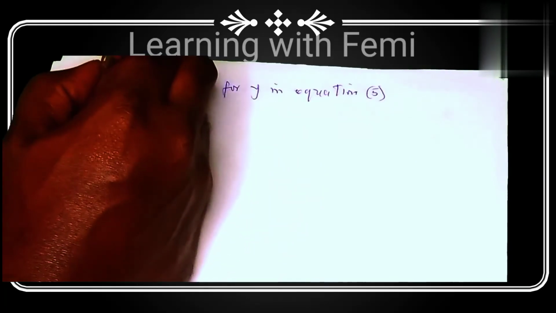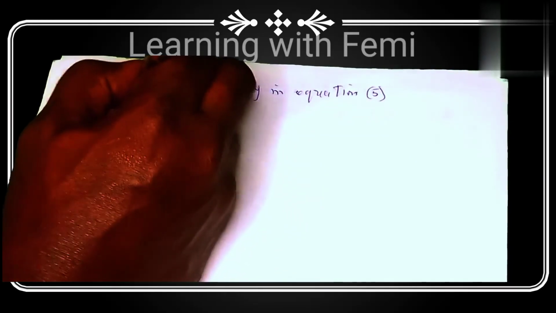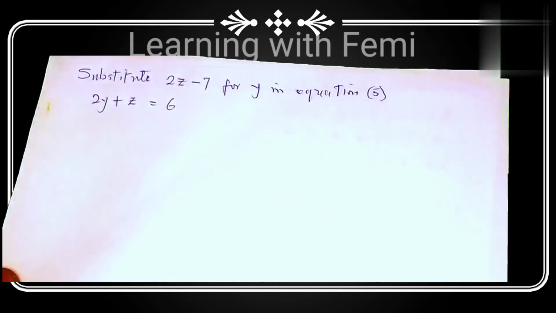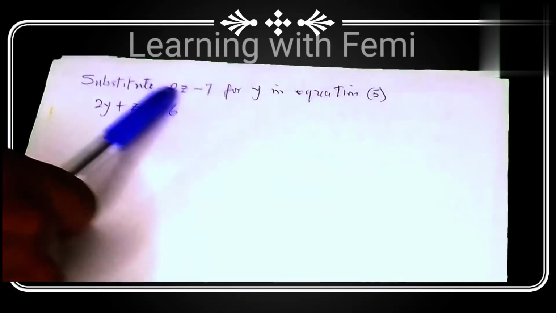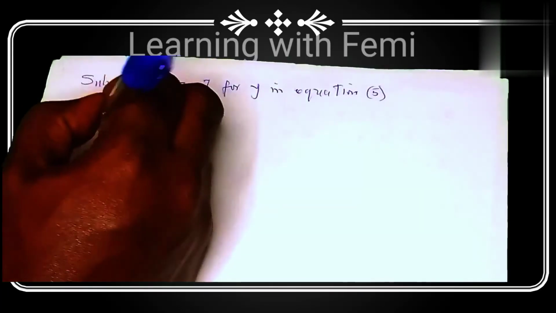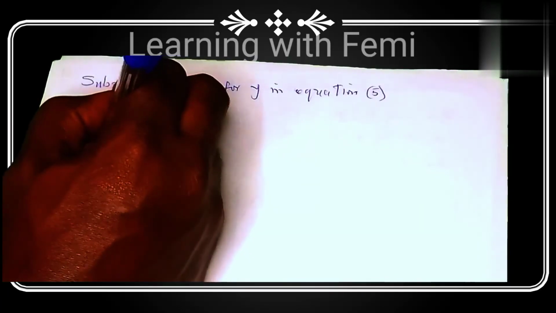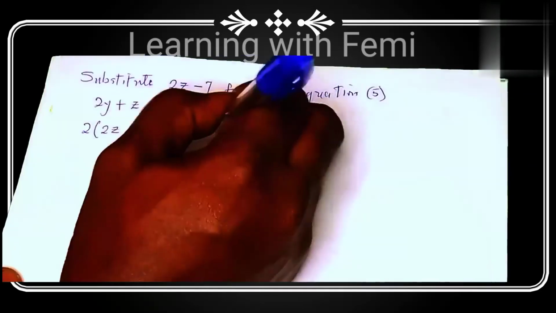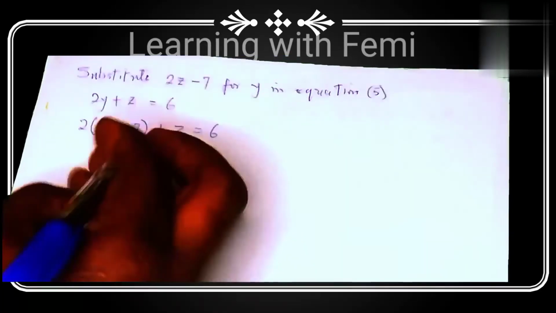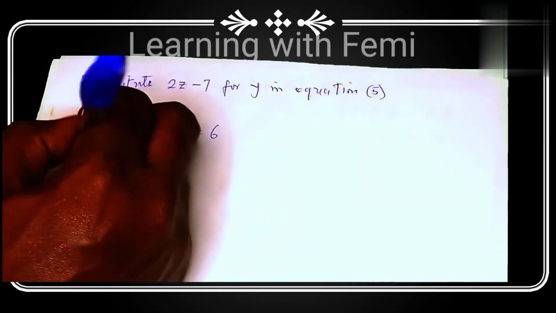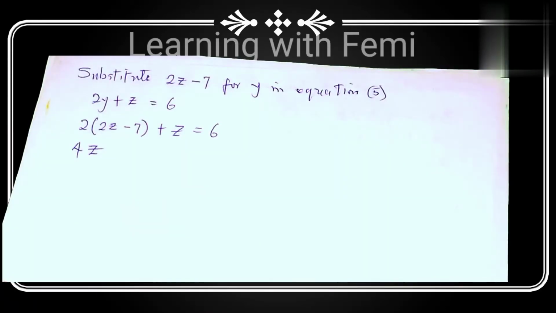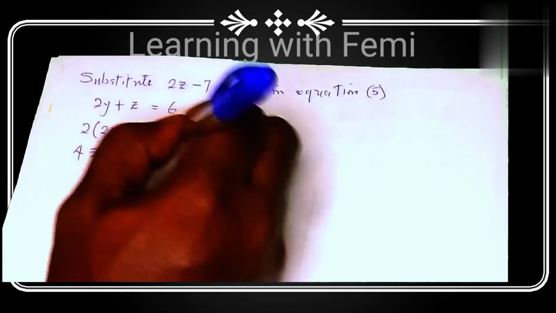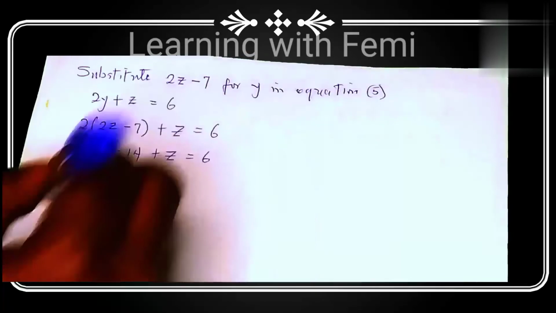As we have tagged, equation 5 is 2y plus z equals 6. This is equation 5. Now, if we change y to this, we'll have 2 into 2z minus 7 plus z equals 6. Then expand the brackets to get 4z minus 14 plus z equals 6.